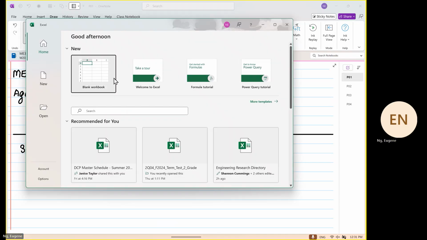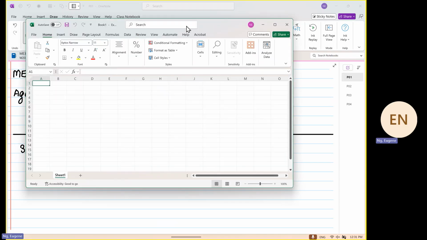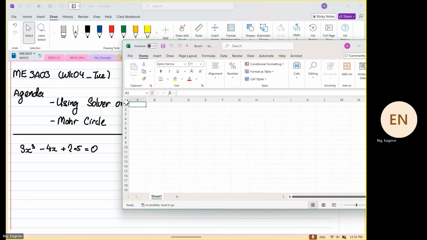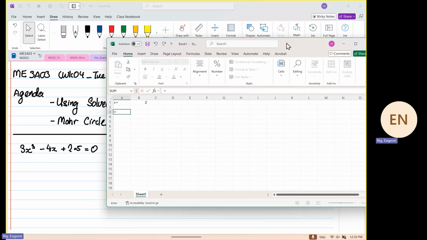Okay, so you open your Excel spreadsheet. Okay, you let x equal to 2. That's an arbitrary number. Then you program, you can see the screen, yes or no? Then you program 3 times x to the power of 3.